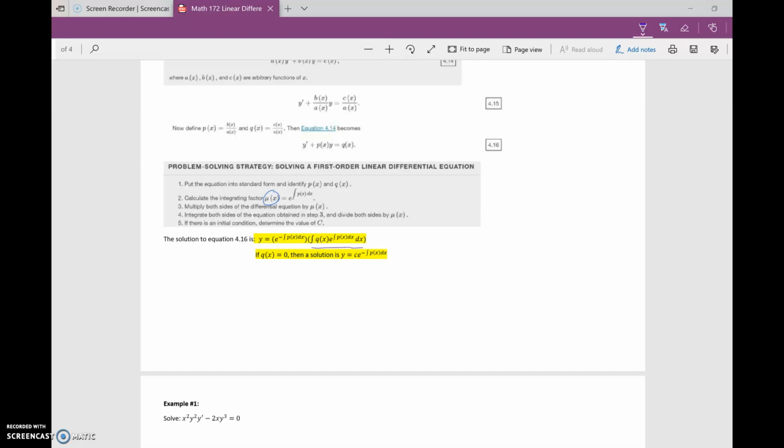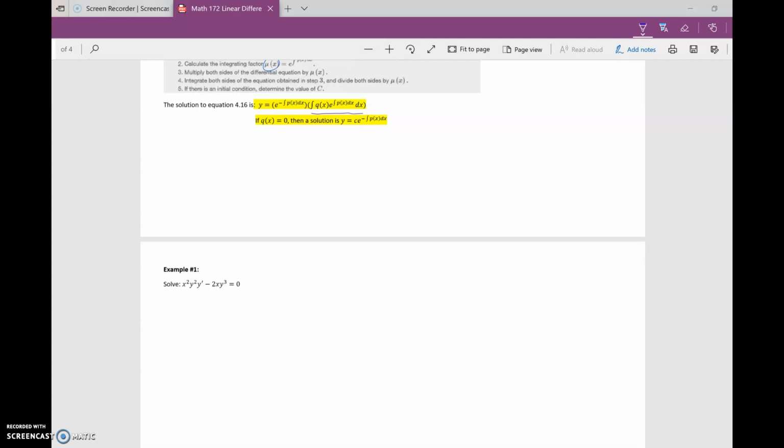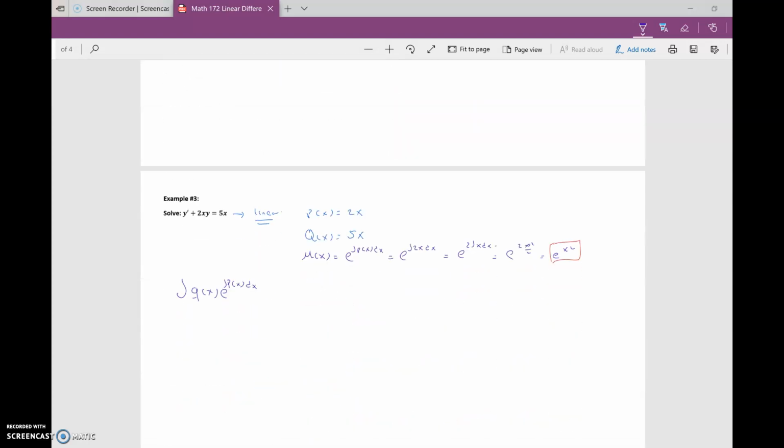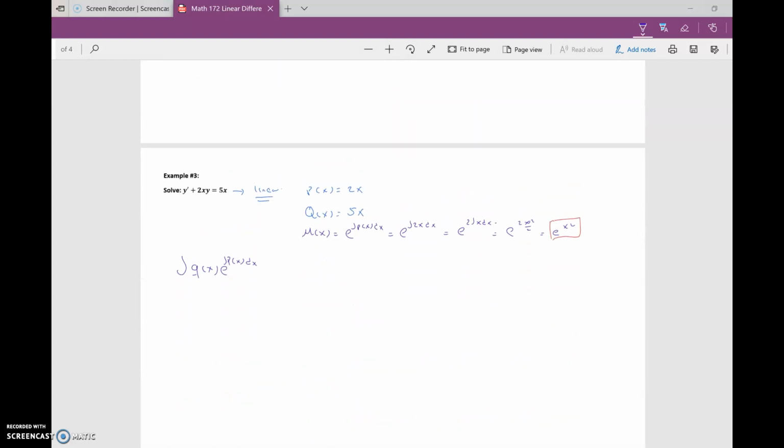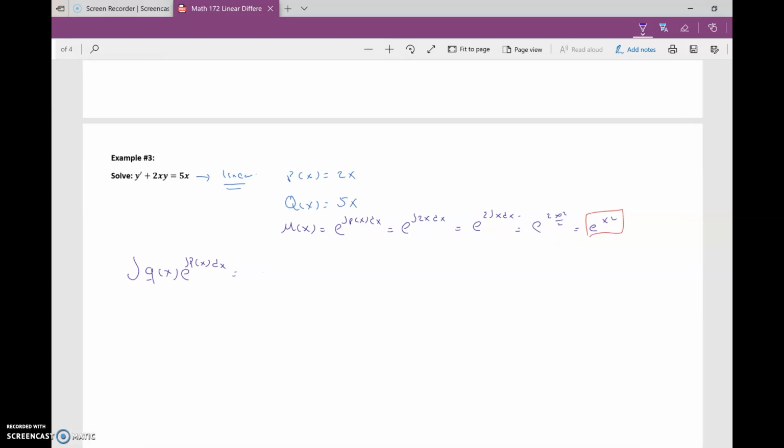And then we can just put it all together and multiply it out. So the integral of q of x e to the p of x is going to be equivalent to, we're looking at a 2x. We already did e to the p of x, so that ended up being an e to the x squared. And technically this is the integral with respect to x.